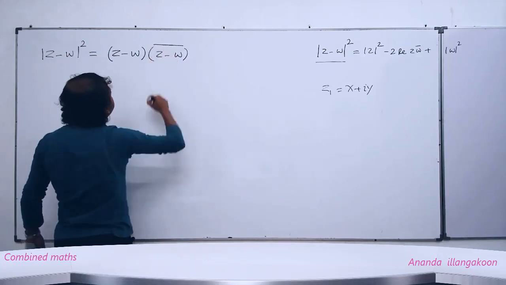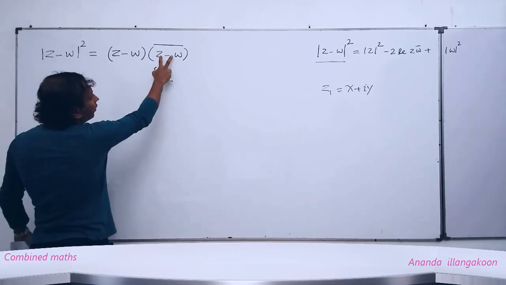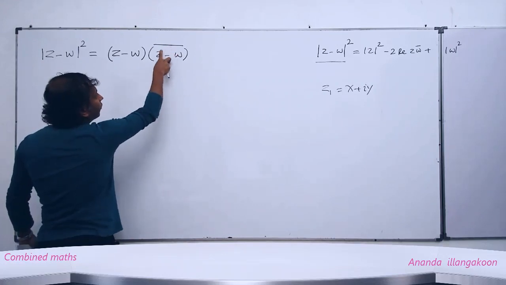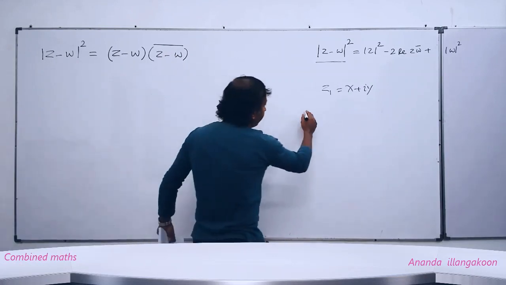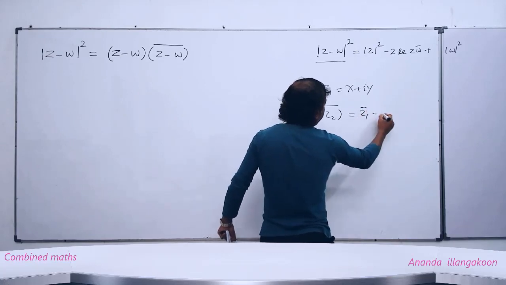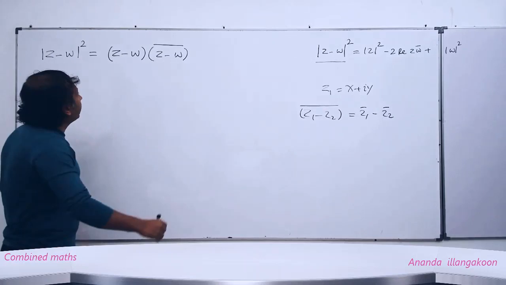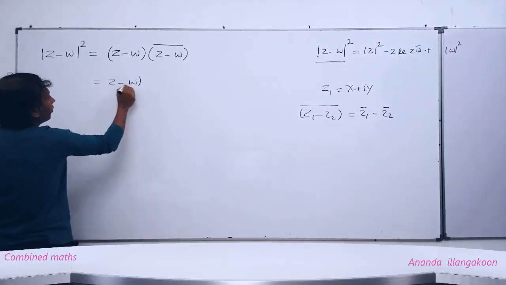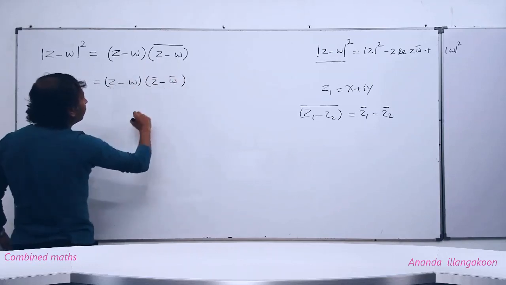But you know, the conjugate of a difference, we can apply the conjugate to this z and this w. That we learned under the theory here. This one we proved, no? Okay, this one we proved. Now I can put the conjugate for this z as well as this w like this.